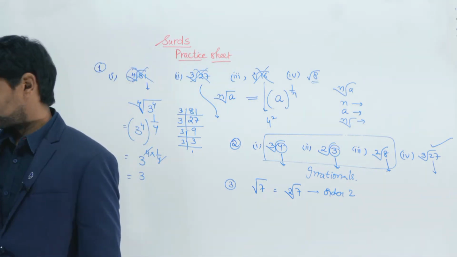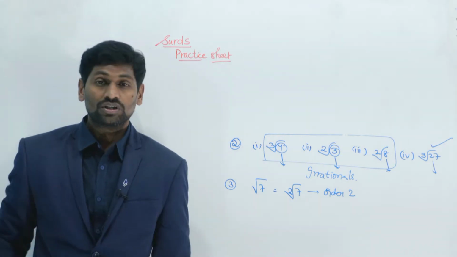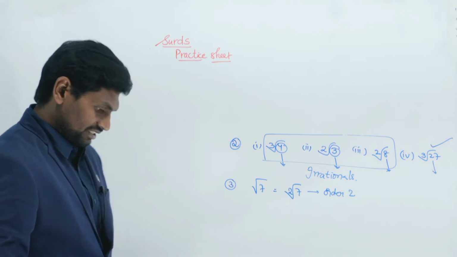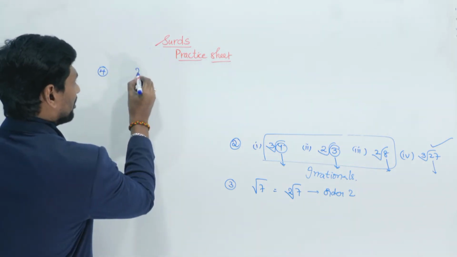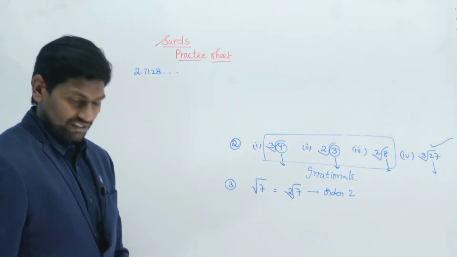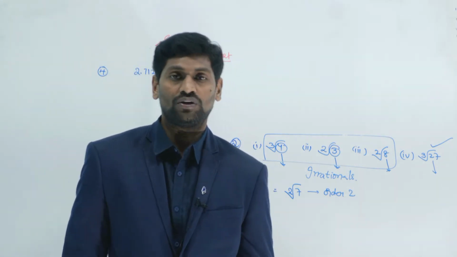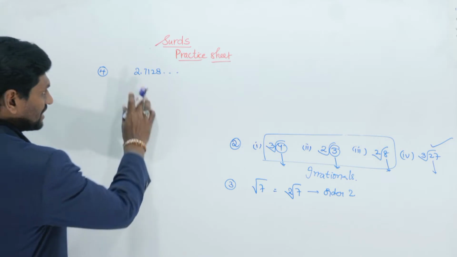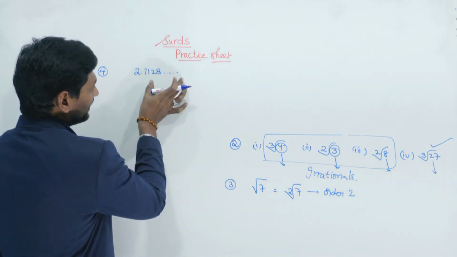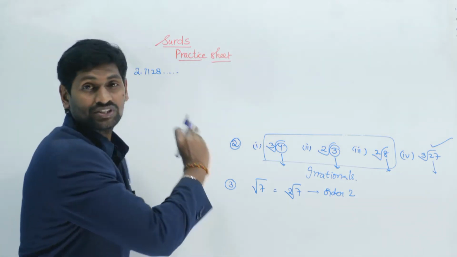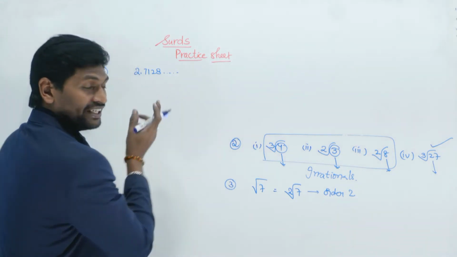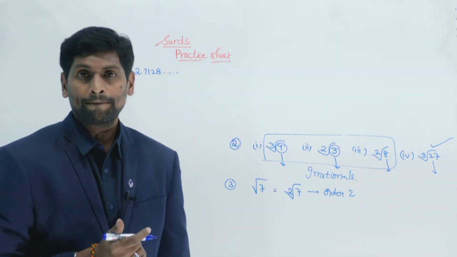Next, let us go to question number 4. 2.7128 and so on is an example of what? It is a decimal number, and the 'and so on' indicates the decimal values are continuing like that. Try to identify whether any terms are repeated.